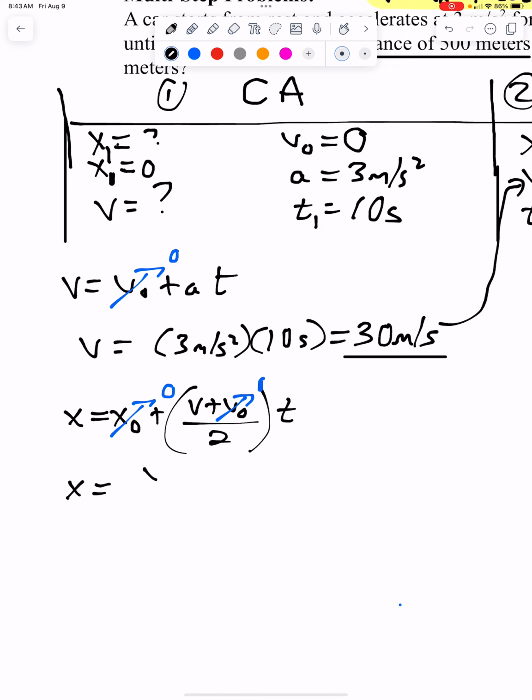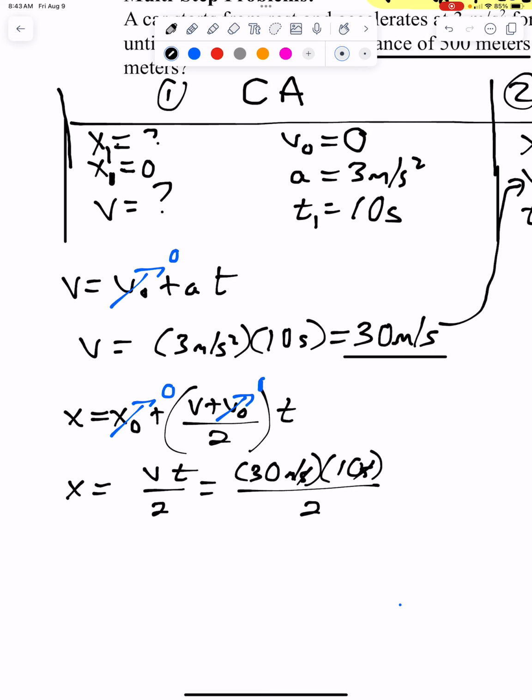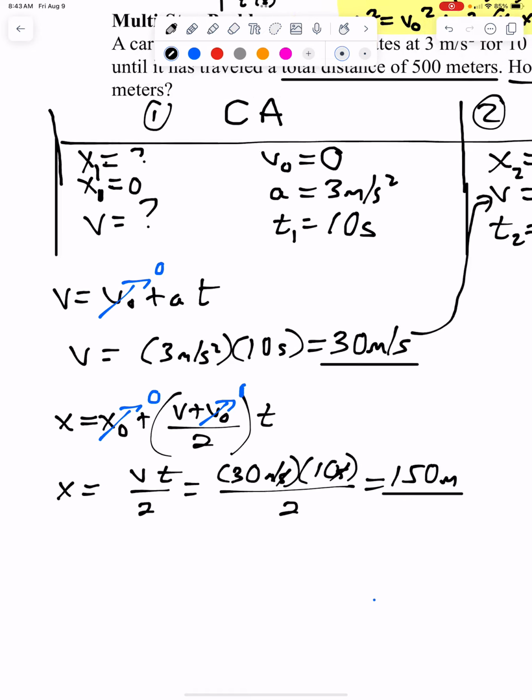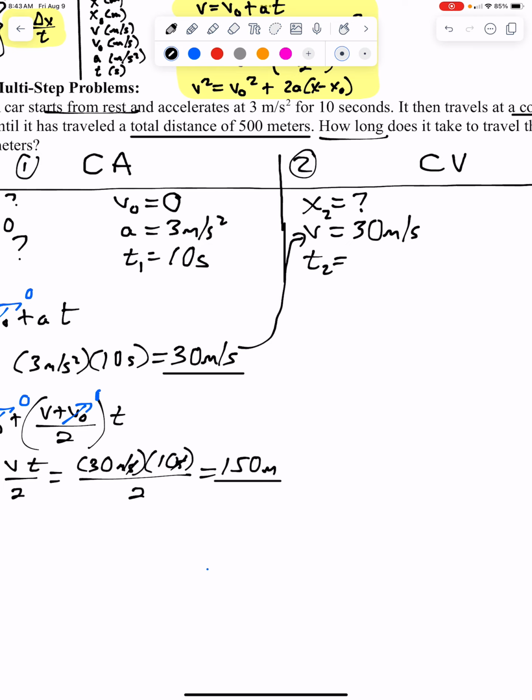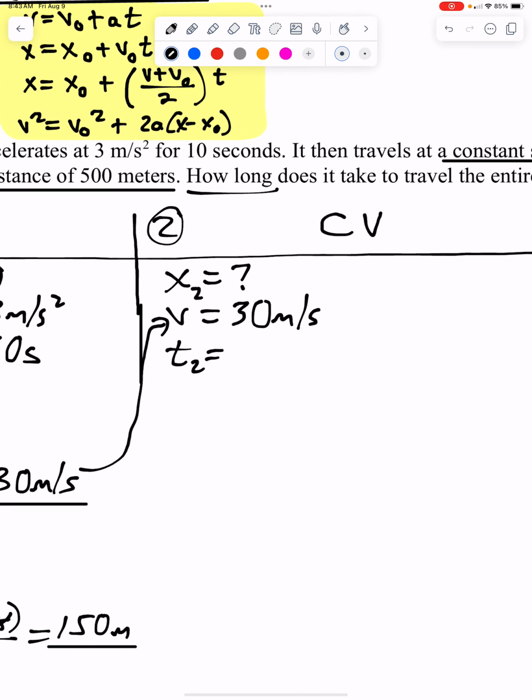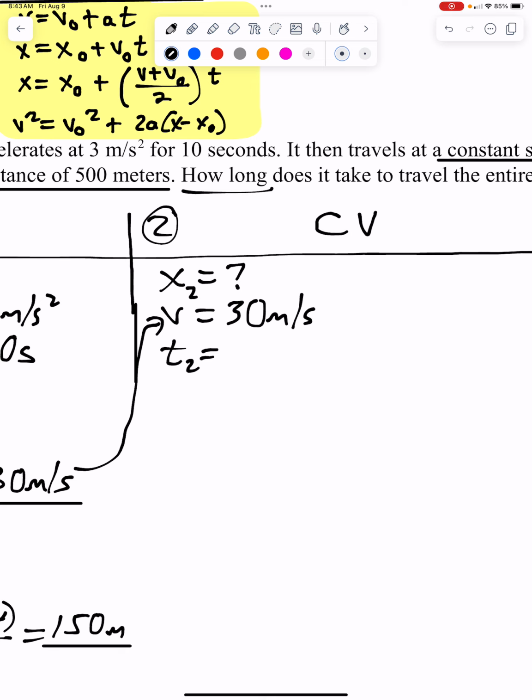In other words, x equals v times t over 2, which would be 30 meters per second times 10 seconds. You can see the seconds will cancel. Divided by 2, so we have 150. Okay, so if I know that we go 150 meters, that means x2 is going to be what? x2 is going to be 500 minus 150, because it's the remainder, which would be 350.